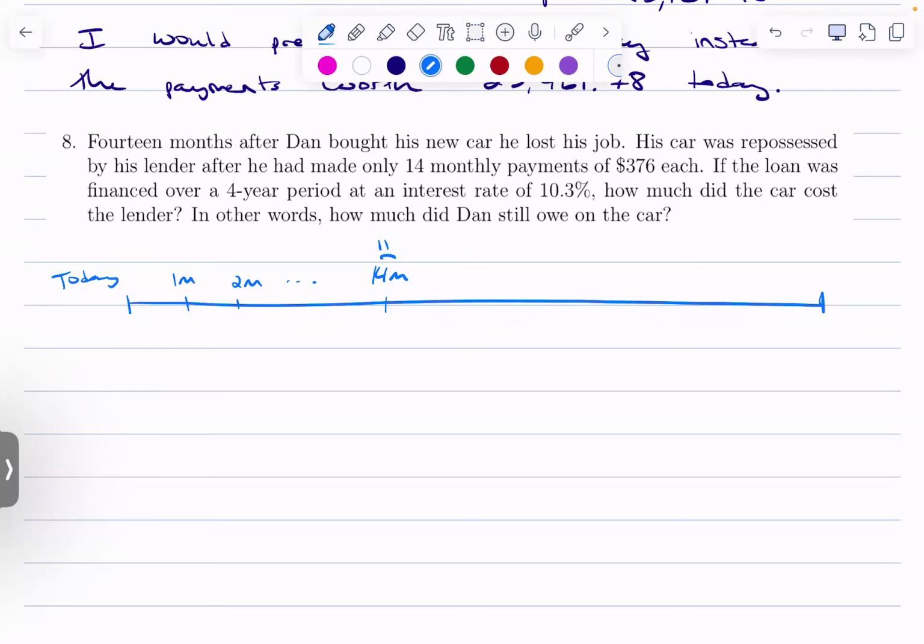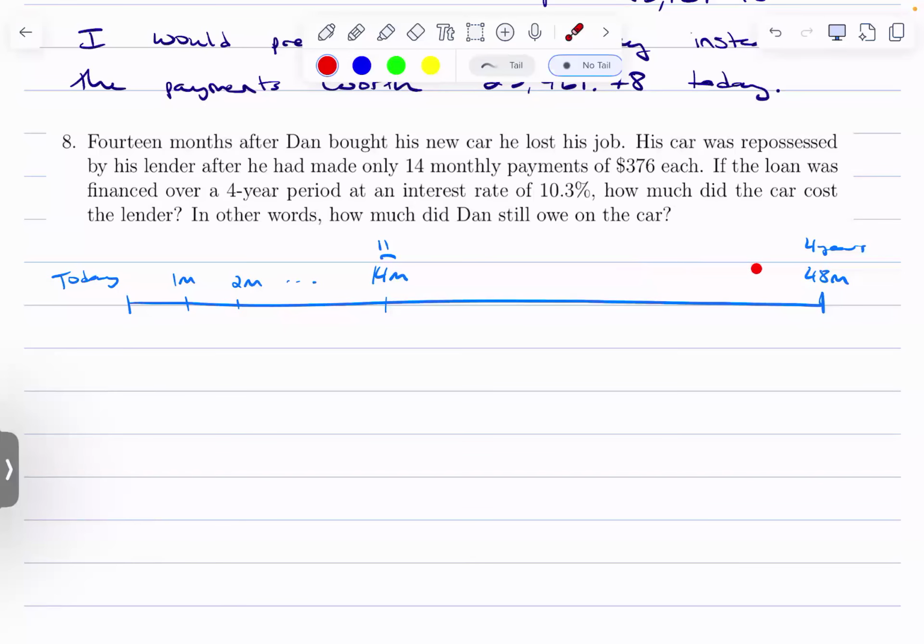He's still committed to paying this car for how long? 4 years. 4 years is 48 months, which means he's still committed to paying these number of payments, right?